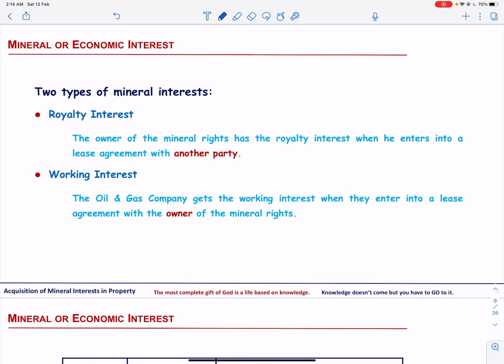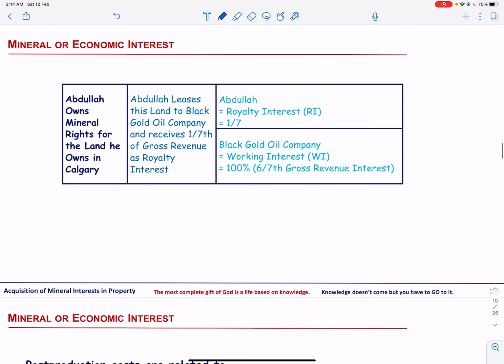Let us talk about the royalty and working interest with the help of an example. Abdullah owns mineral rights for the land he owns in Calgary. Abdullah leases this land to Black Gold Oil Company and receives 1/7 of gross revenue as royalty interest.